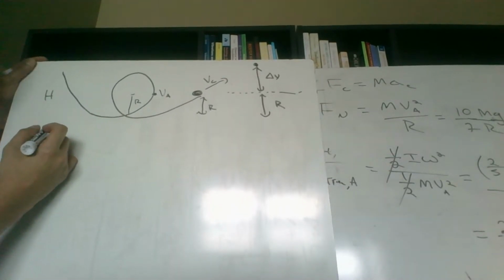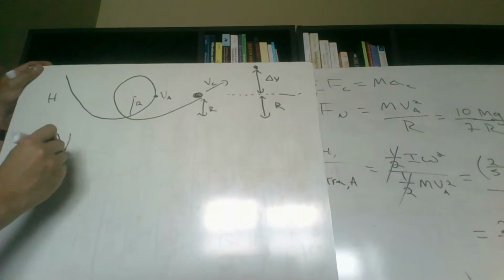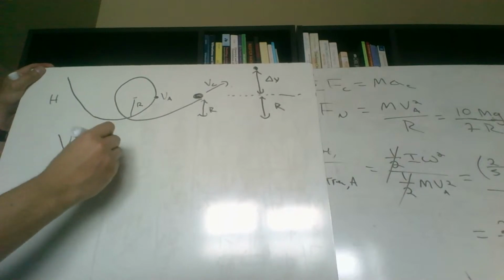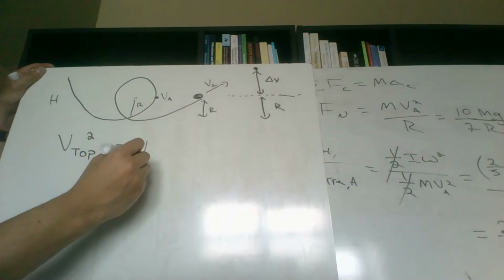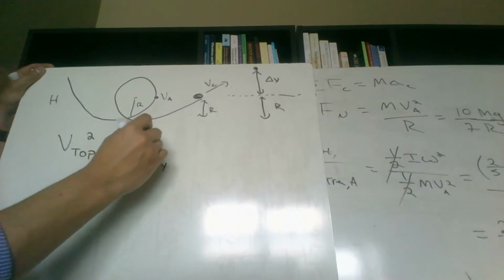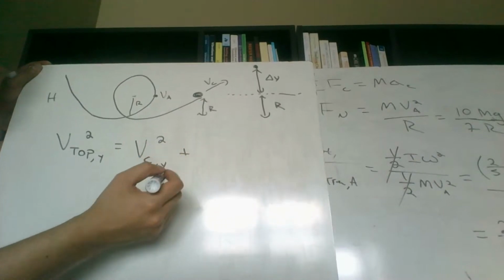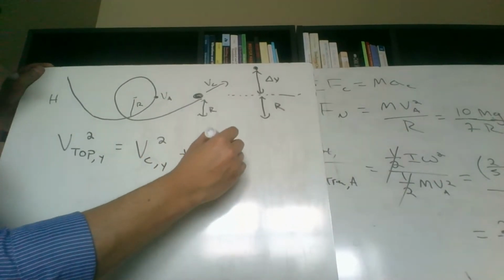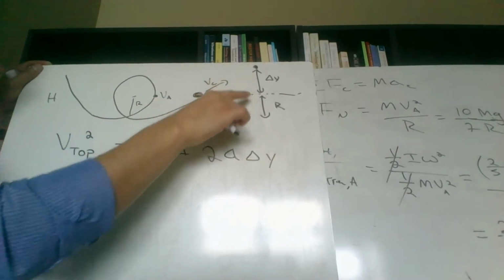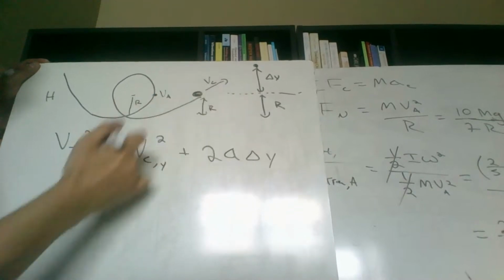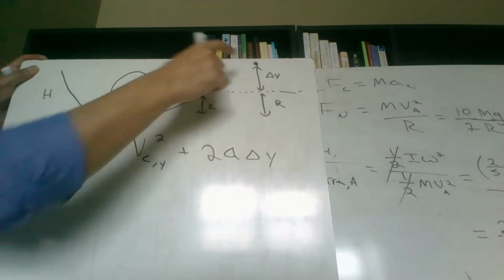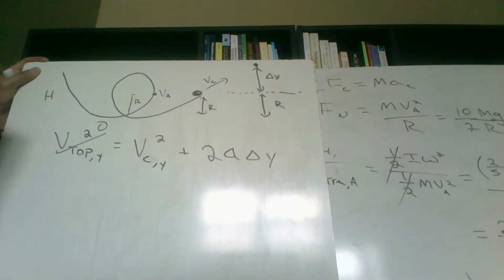Okay, so the velocity at the top in the y direction squared is equal to the velocity of c in the y direction squared plus 2a delta y. So what we're solving for is this height right here. Once we know what this height is, we can just add it to r to find the total height. The velocity at the top in the y direction is 0. So that term goes to 0.